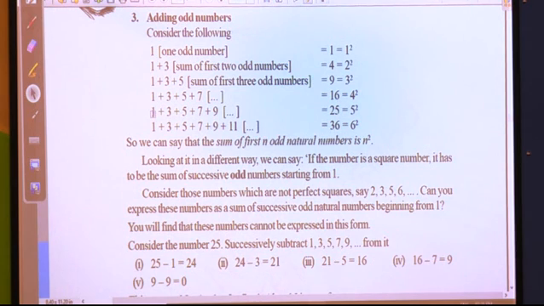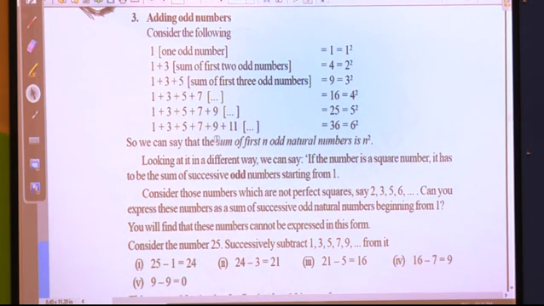The sum of the first 5 odd numbers is 25, which is 5 square. The sum of the first 6 odd numbers, 1 plus 3 plus 5 plus 7 plus 9 plus 11, is 36, which is 6 square.